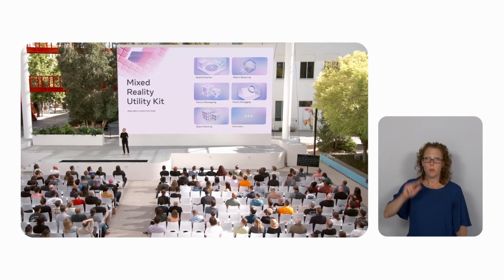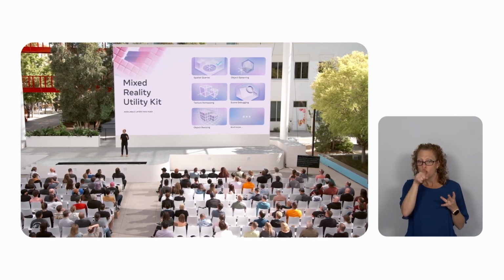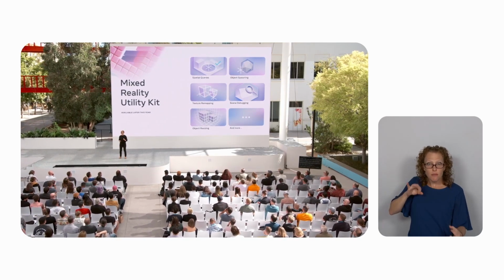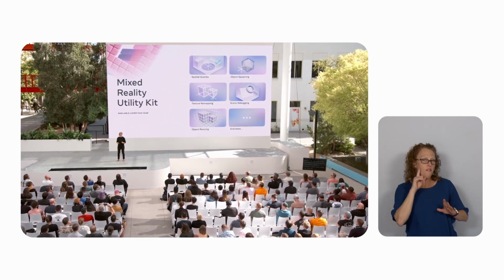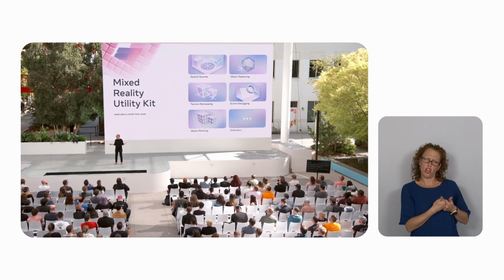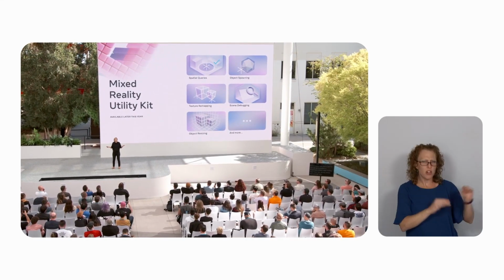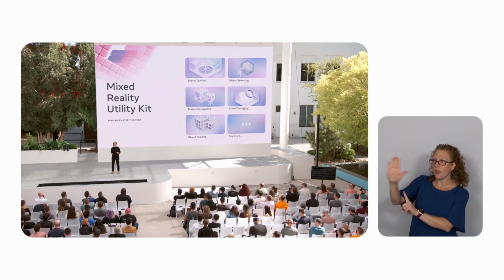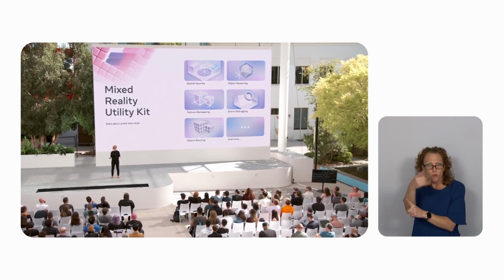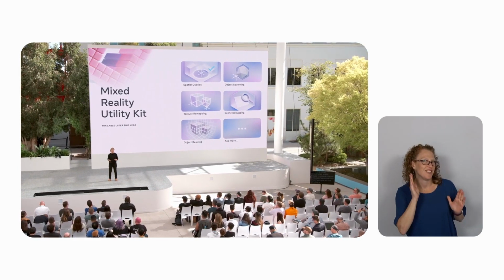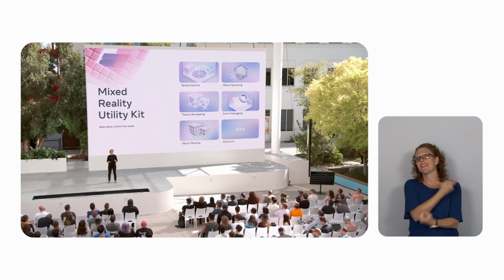And 3, you told us developing for scene can be challenging. Where should you place content if you don't know the user space? And how will the app look in different spaces? Well, we listened. And today, we are announcing Mixed Reality Utility Kit. With the MR Utility Kit, you'll get spatial queries, which will make it easier to ensure your content shows up at the right place in any user space.